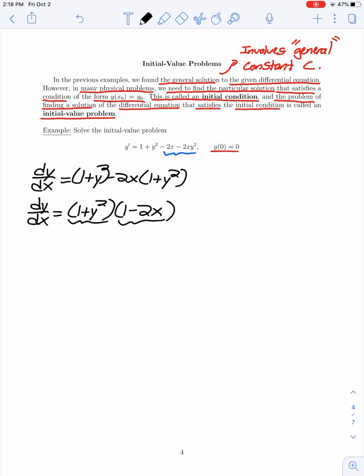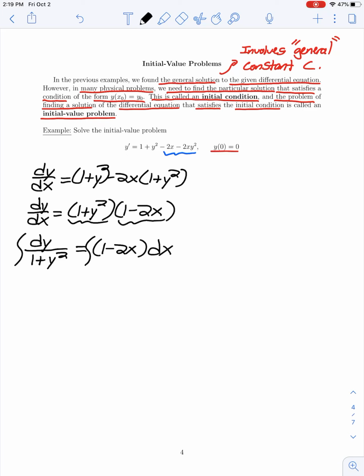And in order to solve this, I'm going to separate my variables, x and y, and let's see what we have. So on the left-hand side, I would have dy over 1 plus y squared, and that would be equal to 1 minus 2x dx. And to eliminate the differentials, dy and dx on both sides, I could integrate on both sides.